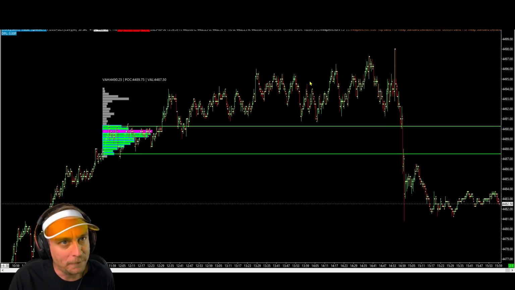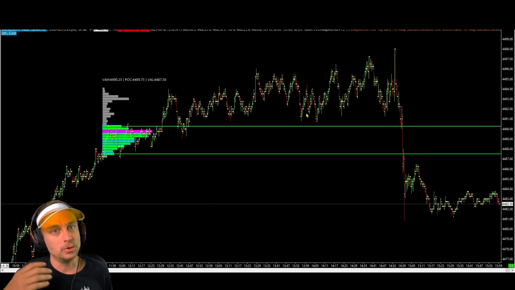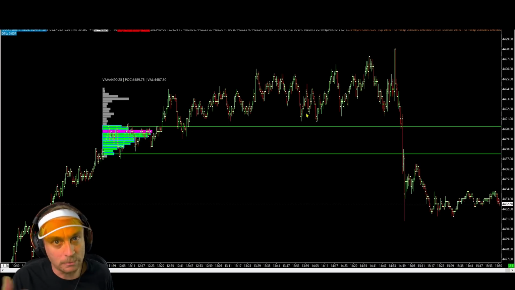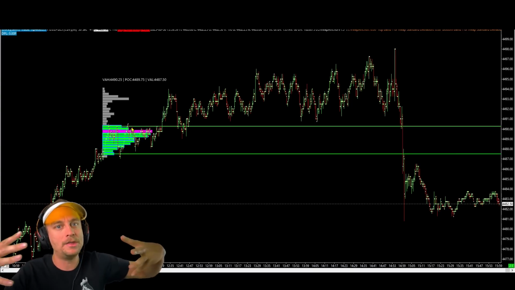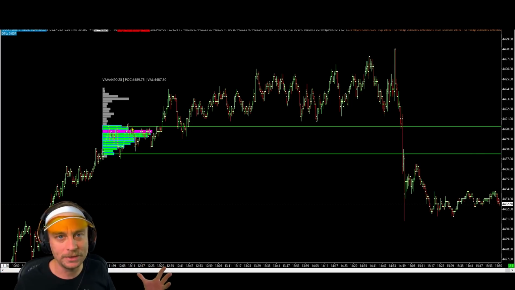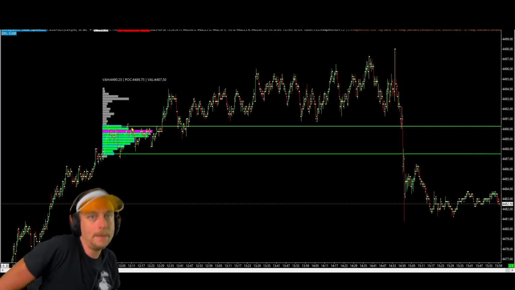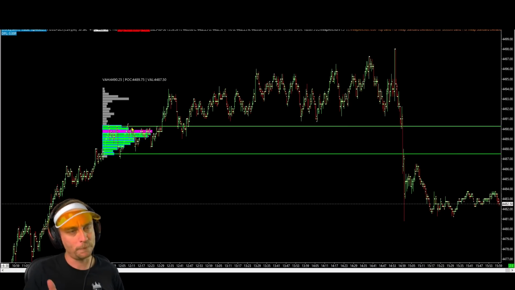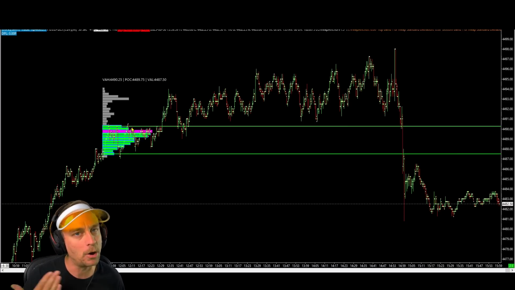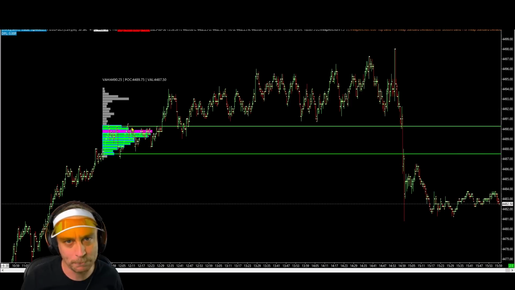You can't have a volume profile unless you have price action. You need volume to transact. You need the market to move up and down to create a profile. So you need both, and understanding how they interact with each other is imperative. So don't look at just the volume profile. Look at how that volume profile was created with price bars.